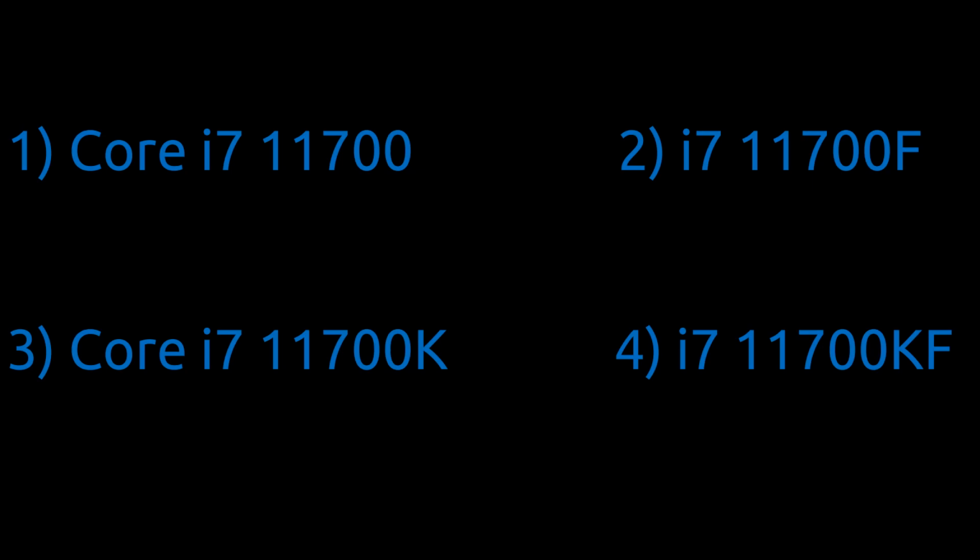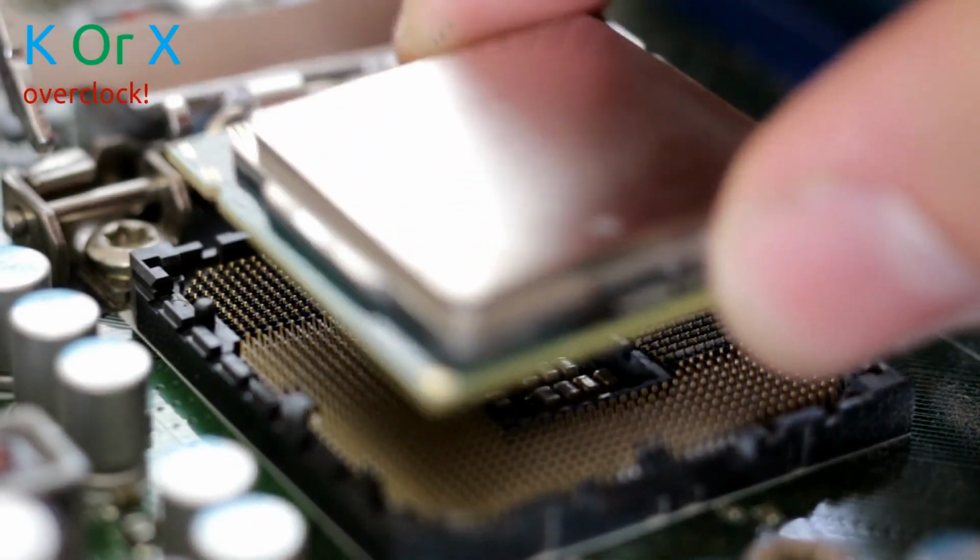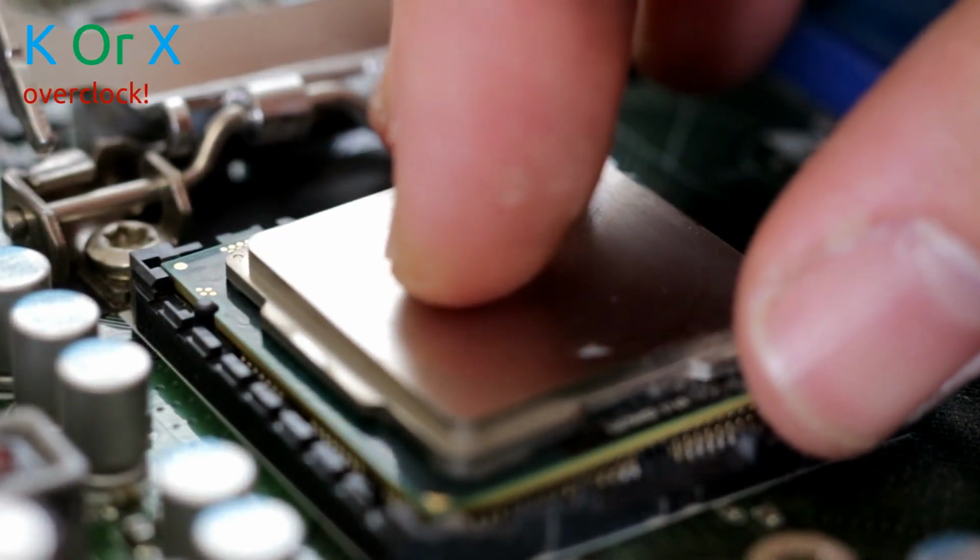Now all the letters behind the SKU do contain some special meaning. In this case, the first two i7s will be avoided by an overclocker. But the second two CPU SKUs are great options for an overclocker, because there's a letter K on those two CPUs. Letter K or X on Intel CPUs means those CPUs got unlocked multipliers for overclocking.